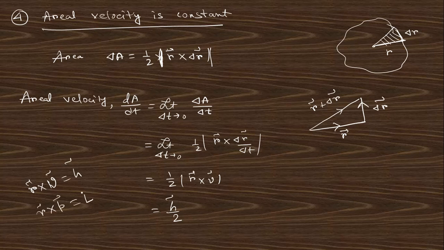Since p is mv, if you put m here, this is L vector by m, so it is written as L vector by 2m, which is nothing but a constant vector. h is constant and L is also constant. So areal velocity is obviously constant, and the magnitude of the areal velocity can be represented by the angular momentum divided by 2m. Clear? These are the basic properties of the central force.